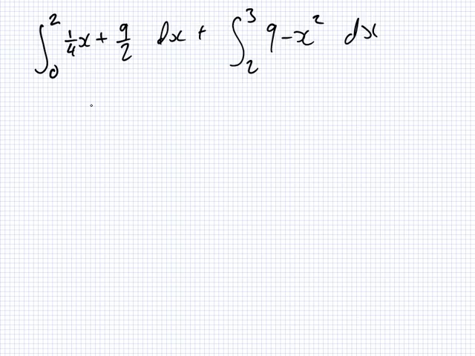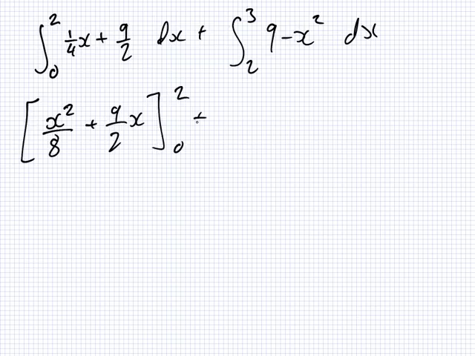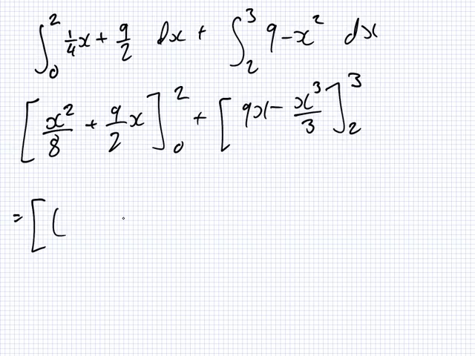So this integrates to increase the power by 1, divide by the new power. 0 to 2, and then you're 4 times 2, because the 2 goes under when you integrate. 2 to 3. So that's equal to that with the 2 minus with the 0, plus that with 3 minus with the 2.